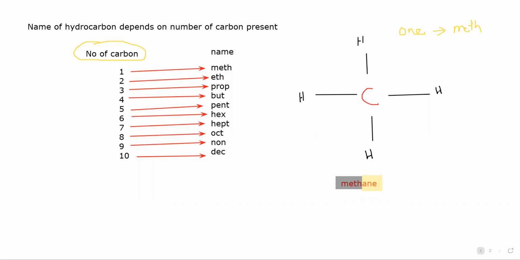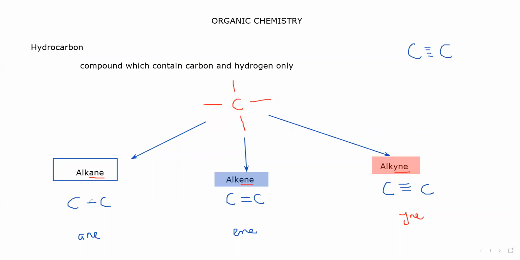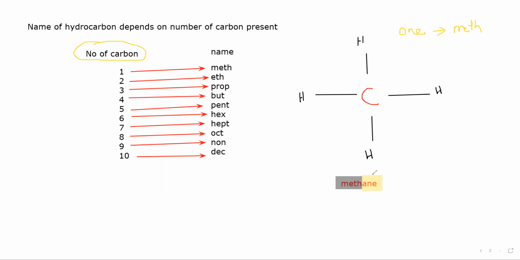But the second thing is the type of bond. If there is a single bond, then it should be ane. If double bond, it should be ene. If triple bond, it will be yne. Because a hydrocarbon can be alkane, alkene, or alkyne. So it is ane because you will find a single bond.